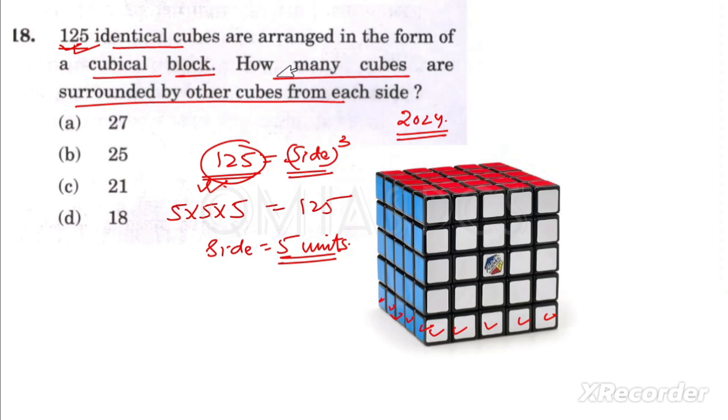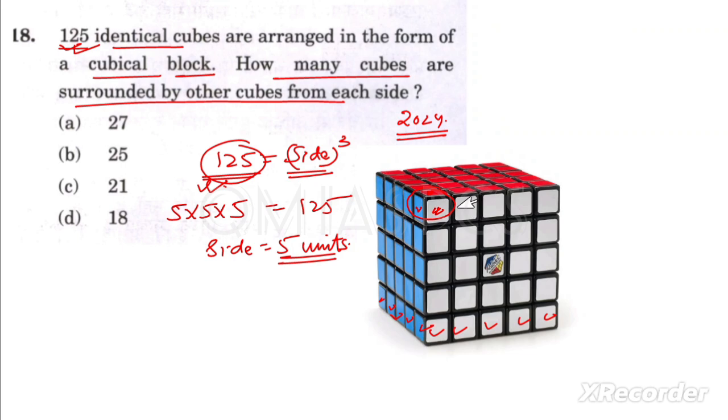Now, how many cubes are surrounded by other cubes from each side? If you look at this cube, just this one, you can see this face and this face and this face, the top face. These three faces are not surrounded by any identical cubes, right?